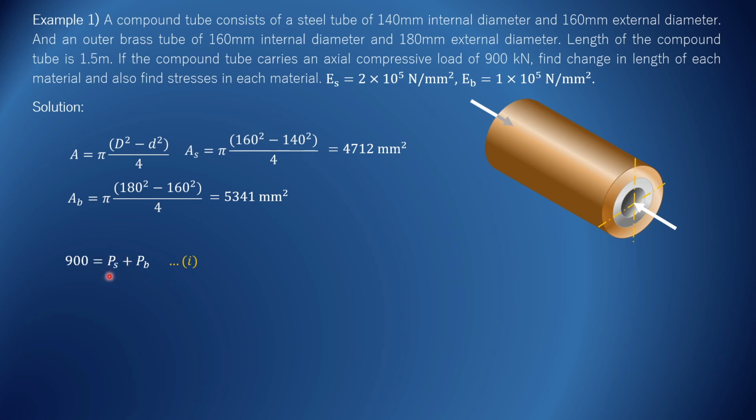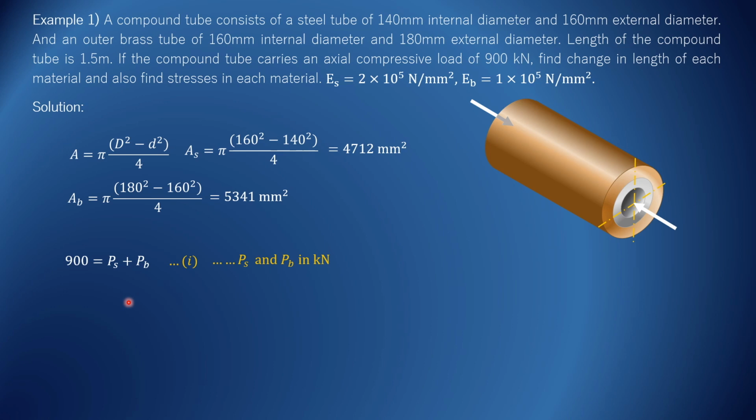So load taken by steel plus load taken by brass is equal to total load on the cross section, and that is 900 kilonewton. Here it is condition of equilibrium. PS and PB are in kilonewton.